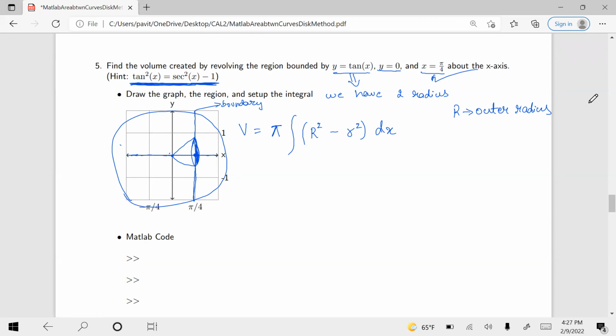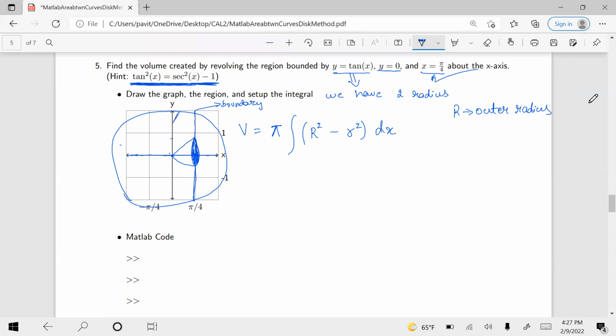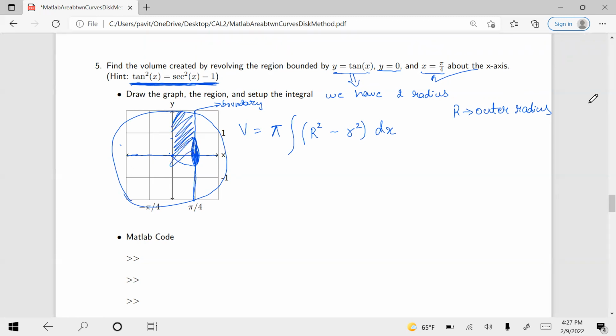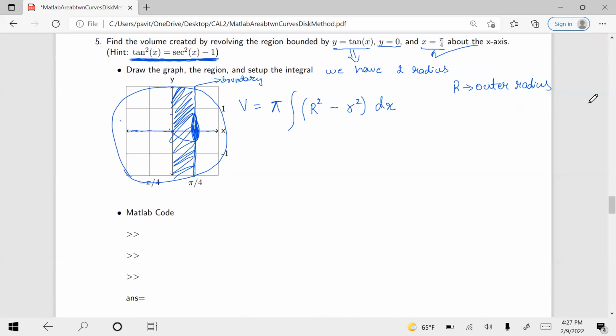I'm going to subtract the inner radius from the outer radius so that I will get the area under the curve. I need this area. That's why I will write capital R minus small r, so small r is the inner radius.